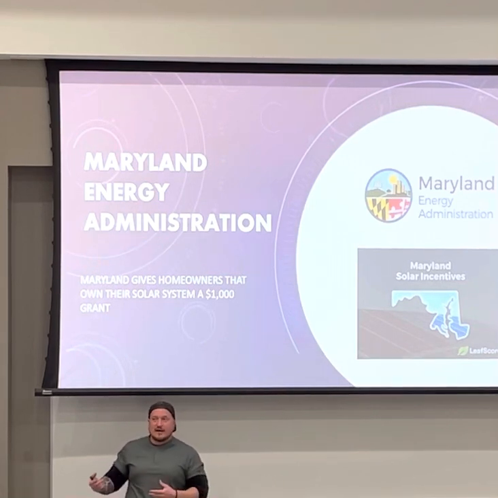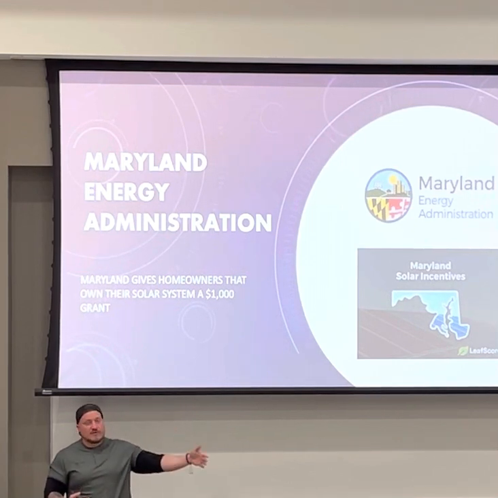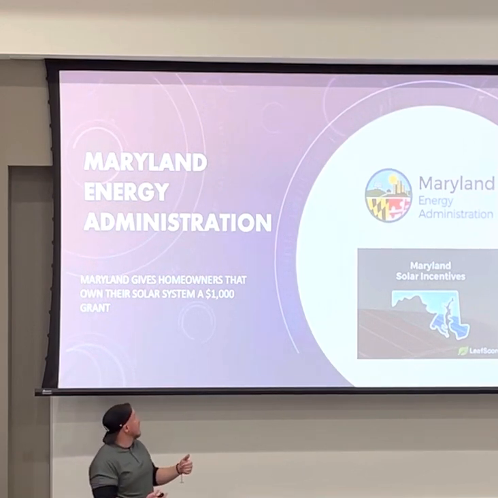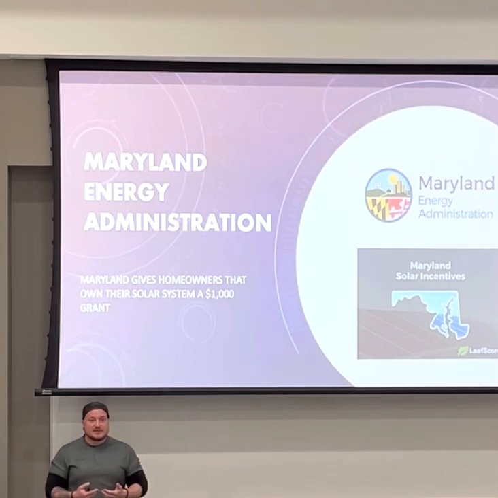If you want to refinance a home, you have more money that you can do whatever you want, whether it's invest, school, payments for college, because I know I was there as well. But this is why Maryland is incentivizing homeowners to own their solar system versus renting it, all right?